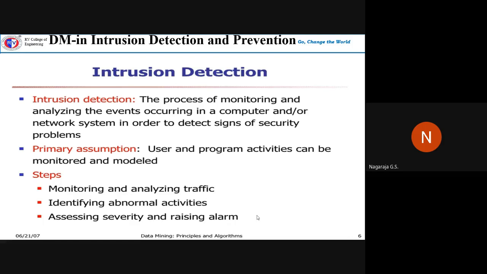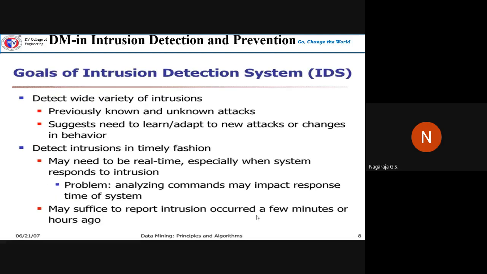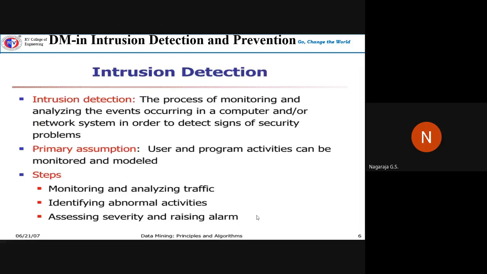That's what we are trying to say: analyzing the traffic and observing the behavior. Identifying abnormal activities, because from that you can easily notice some of the intruder activities. Then we have assessing severity and raising alarms.